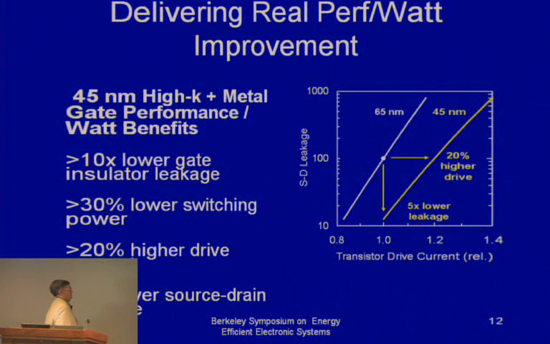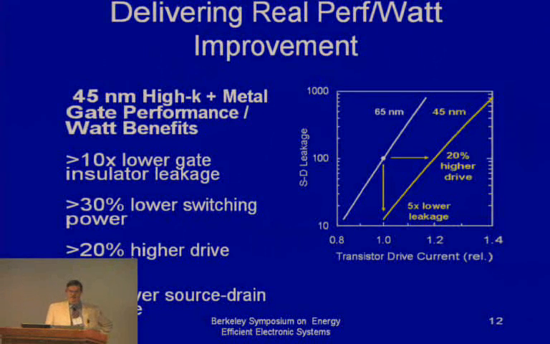If you look at the Ion versus the source-drain leakage, what you see is a dramatic decrease in the source-drain leakage, which is a significant component of the overall off-state leakage power. By going to this new technology, we could get basically a 5x reduction in the source-drain leakage, or 10x in the gate leakage.